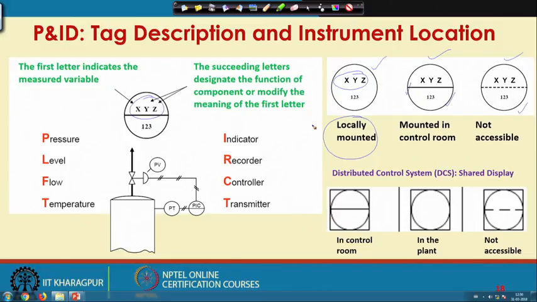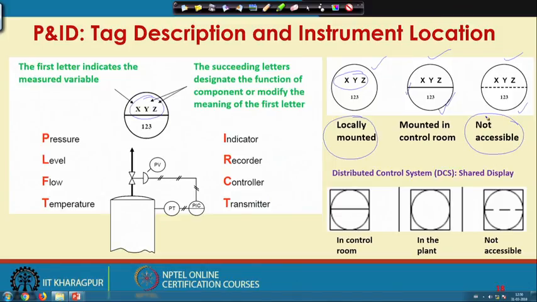If there is a horizontal line such as this, it means it is mounted in the control room. And if the line is a broken line, it means that this instrument is not accessible.